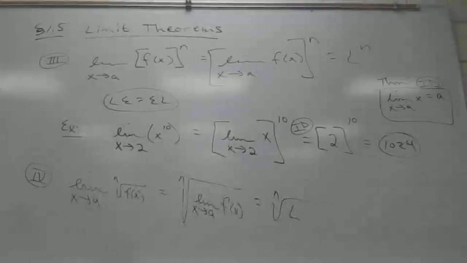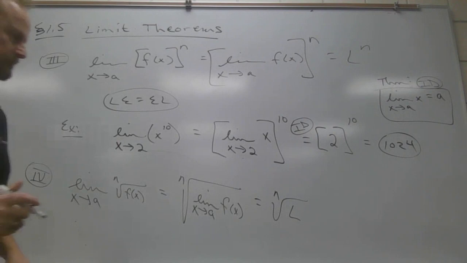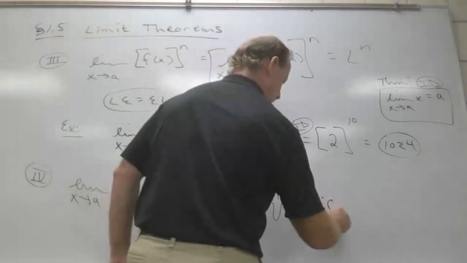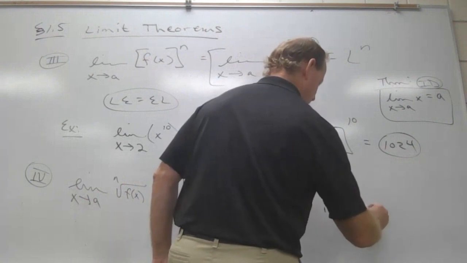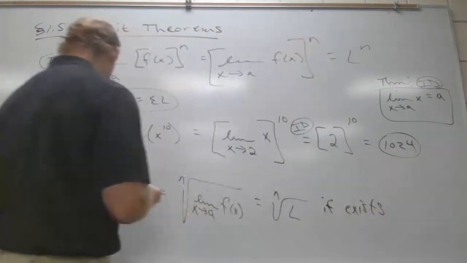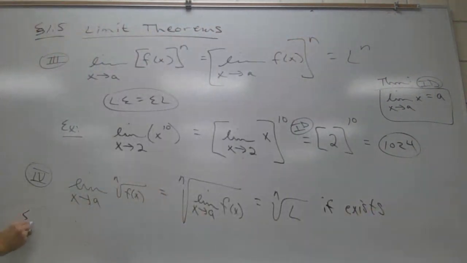I can't take the even root of a negative number though, right? I can't take the square root of -4. So if it exists. So let's just look at an example of this one.